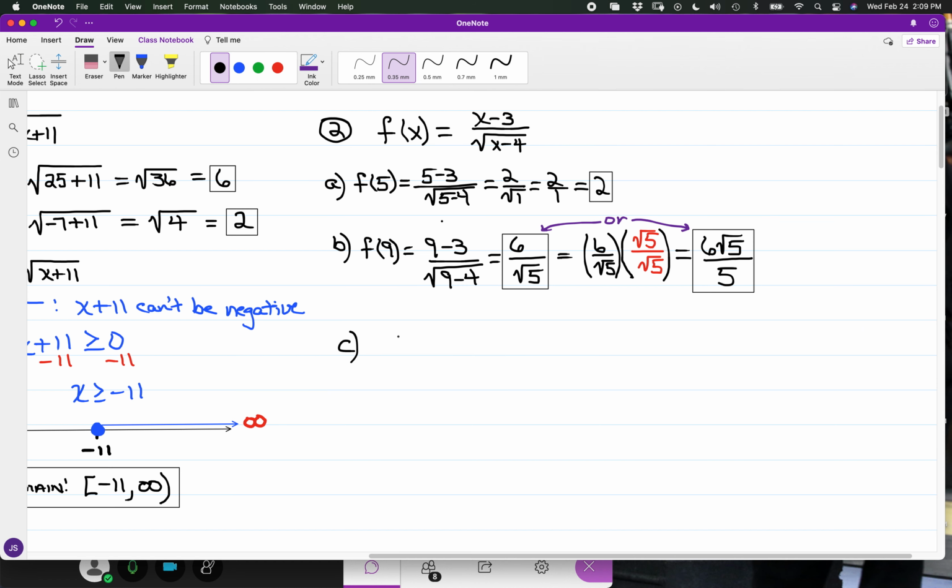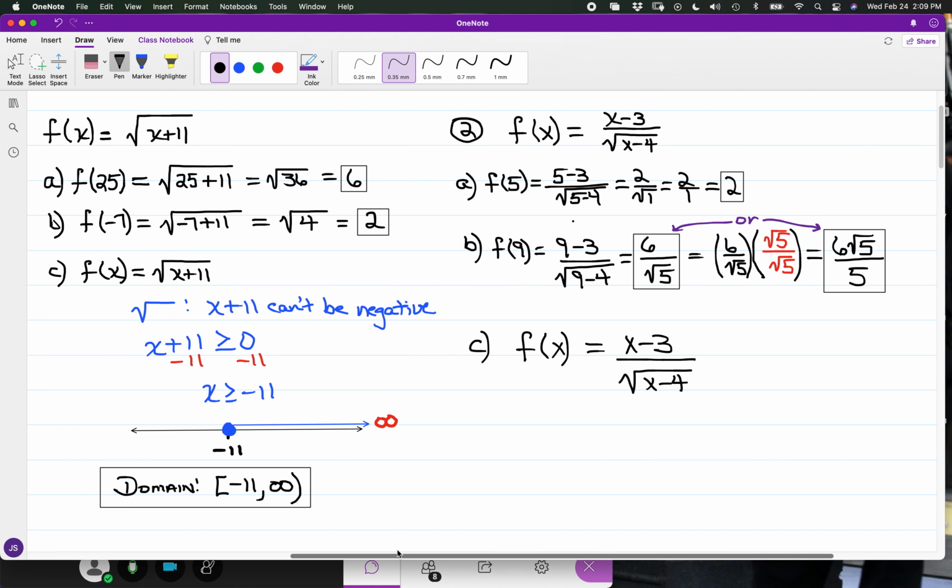Now, for part C, we have f of x is equal to x minus 3 all over the square root of x minus 4. Again, the restrictions will lie with x minus 4 because of the way it is situated.